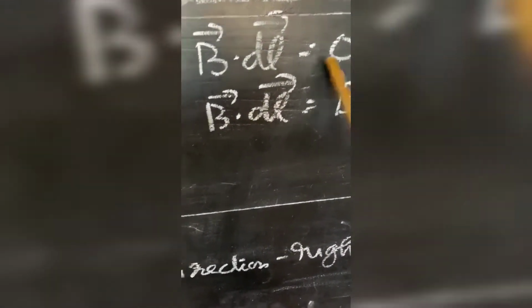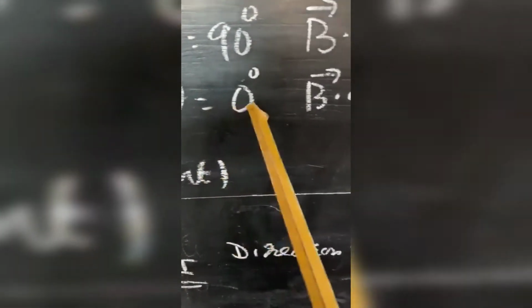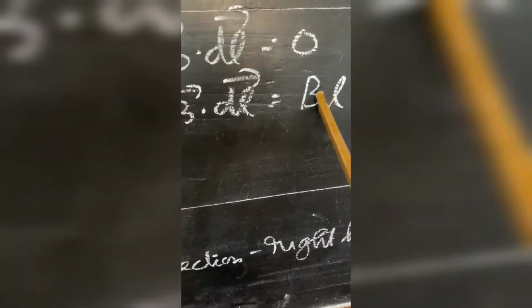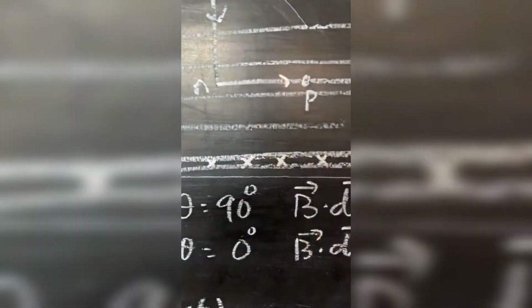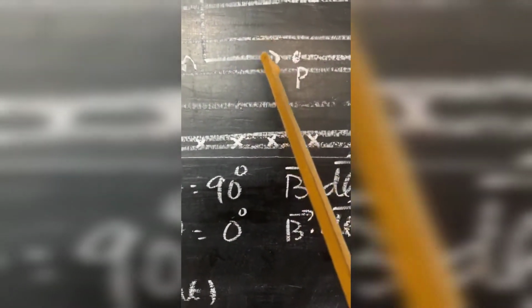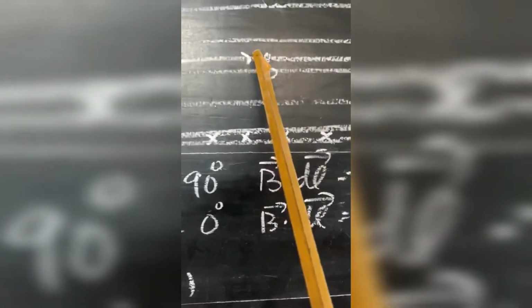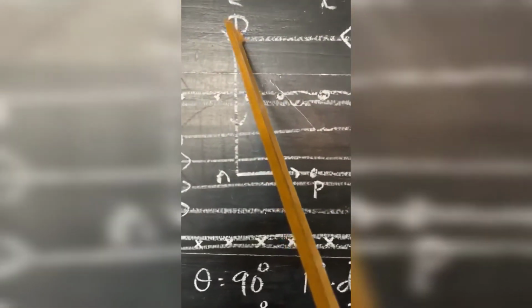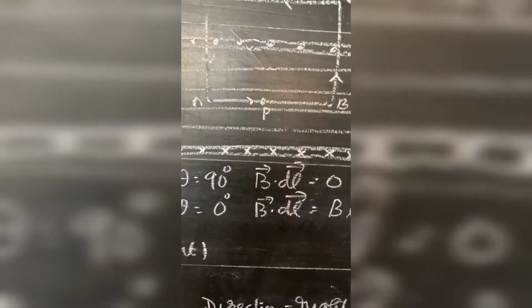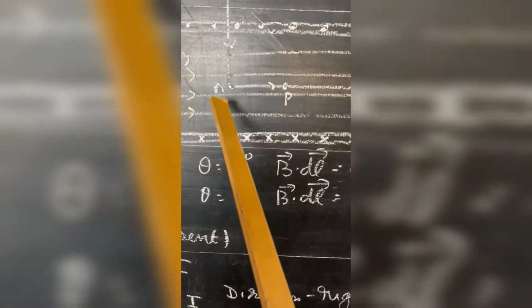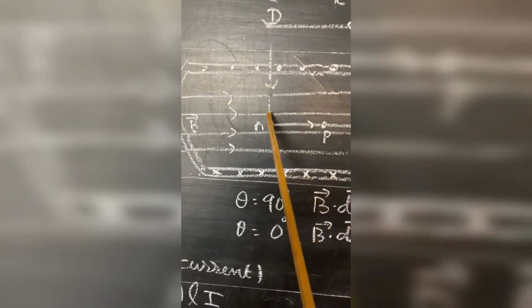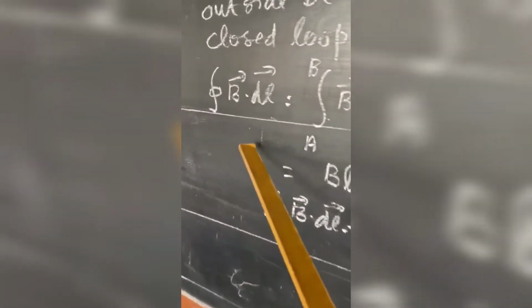If theta equals 0 degrees, B dot dl equals B dl. This you are studying. So if you look here, they are parallel, so here it will be BL. This is perpendicular, so 0. This is outside, so neglected. So here BL, here 0. This is very small, neglected. Here also 0.